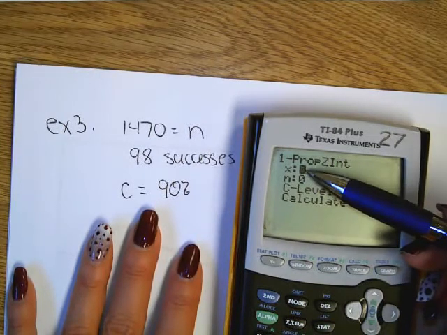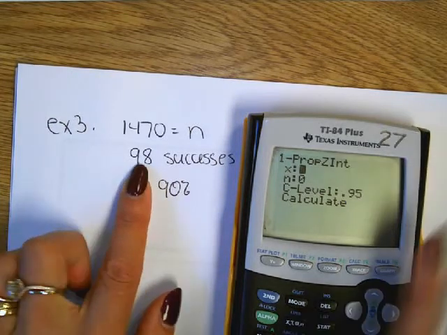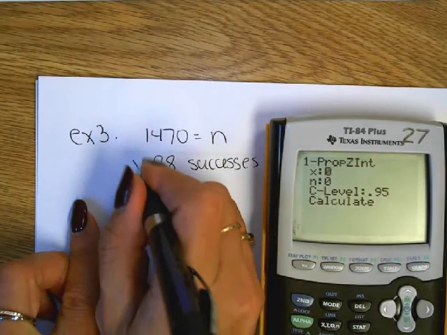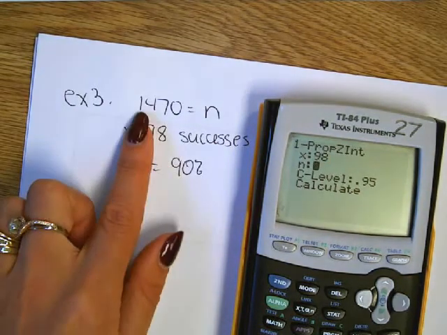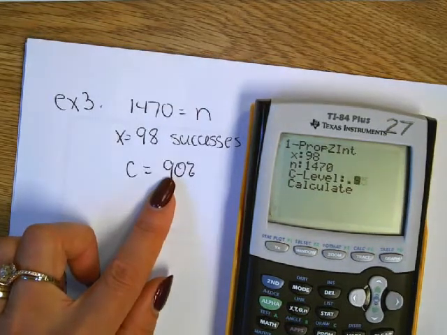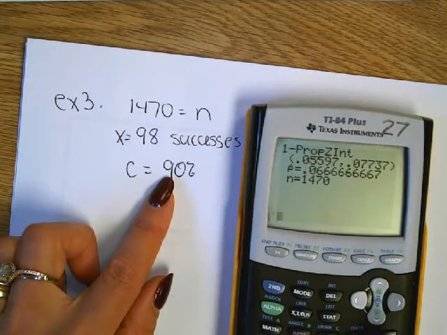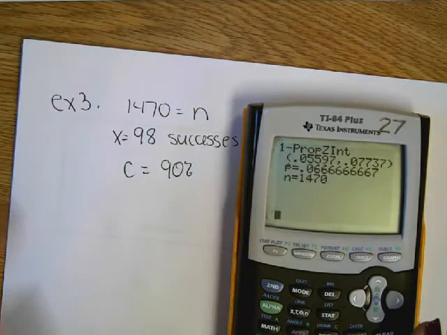X is your number of successes. So for us, we had 98 successes. So your successes is your X number, which you already knew. So 98. Sample size was 1470. Confidence level, we want 90 as a decimal. And calculate. It goes through and calculates max error, adds and subtracts, and gives us our interval.